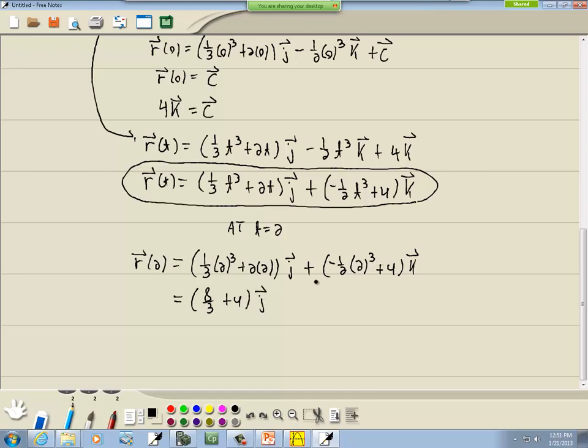And this is 8, so 8 times negative 1/2 is negative 4. So we've got negative 4 plus 4k.